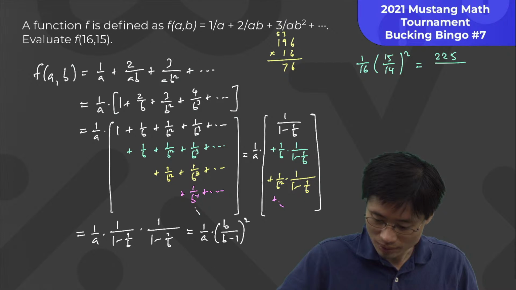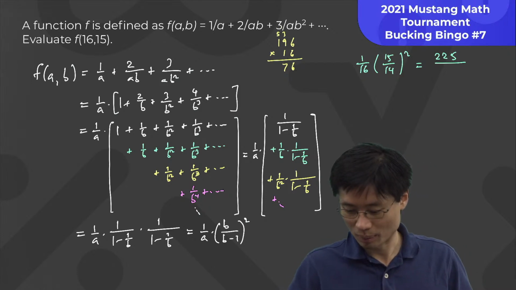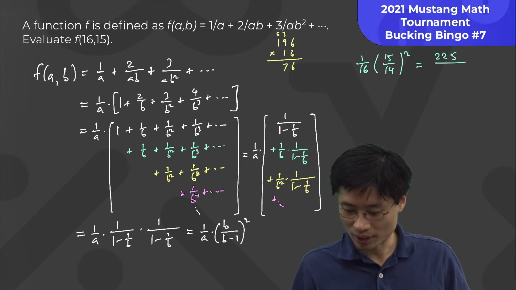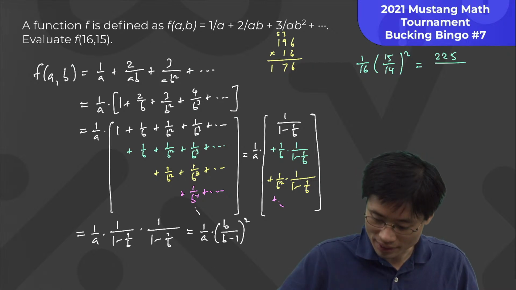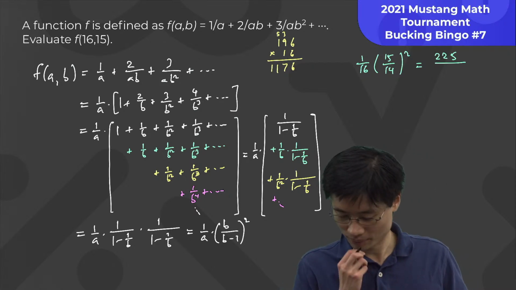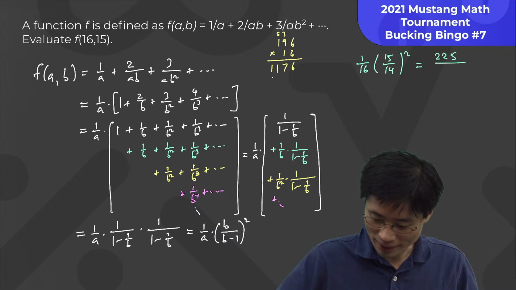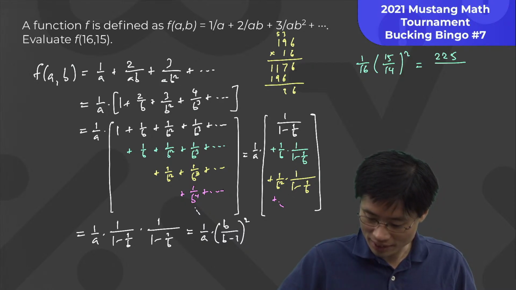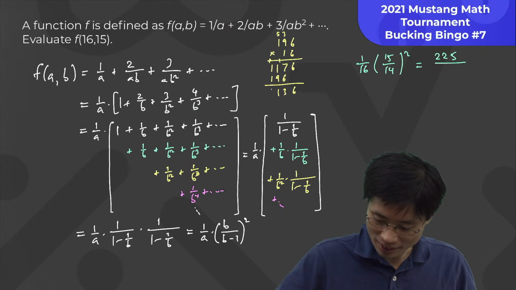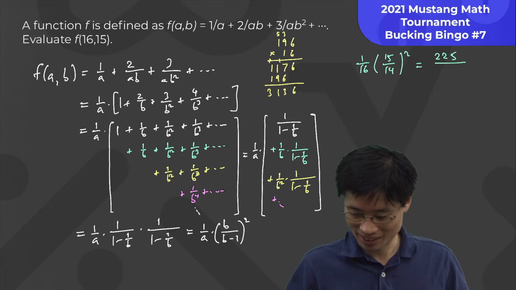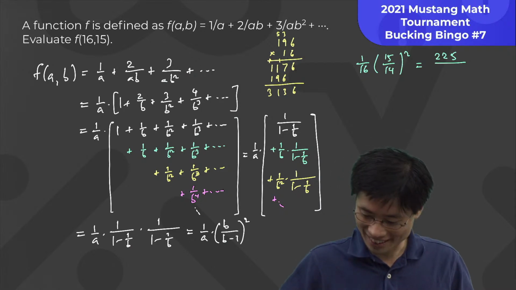Do I believe that? 6 times 9 is 54, yeah. 6 times 1 is 6. 1176 so far. And then the 196. Add 6. 7 and 6 is 13. That gives me 1 and 9 is 10. That's 11. 3136. All right.